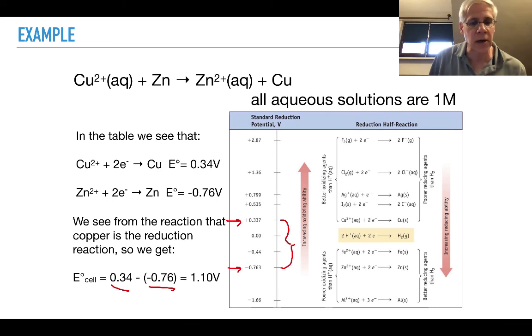It's just like working on a number line. The difference in value between 0.337 and negative 0.763 is 1.10 volts. So if I have a 1 molar solution of copper, a 1 molar solution of zinc, and I put in copper metal and zinc metal, and I hook a wire up between those electrodes and measure the voltage, I can expect to see 1.1 volts come out of that cell.